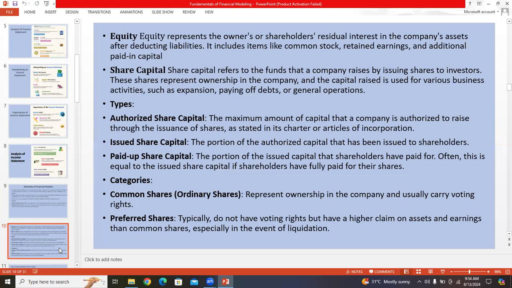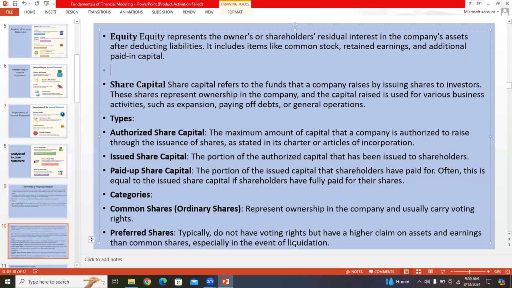Equity represents the owners' or shareholders' residual interest in a company's assets after deducting liabilities. What does it mean? We understood the accounting equation that assets equal equity plus liabilities. Now it's saying that to find the equity, we deduct liabilities from the company's assets. Does it make sense? Yes, it makes sense. But I typed an equation here for you to understand.